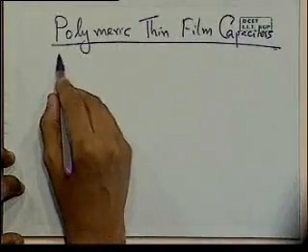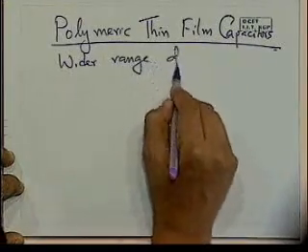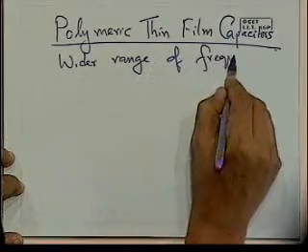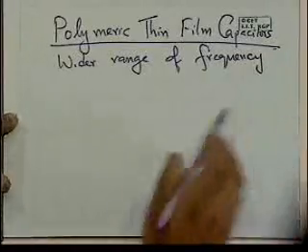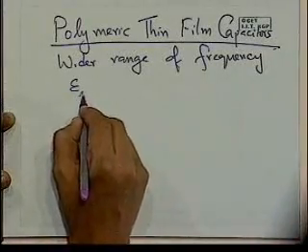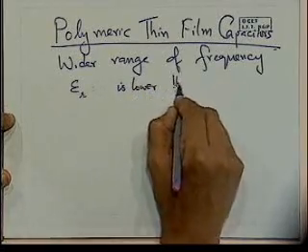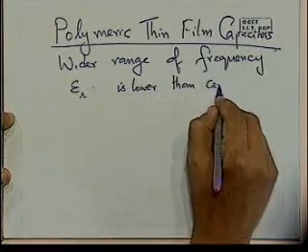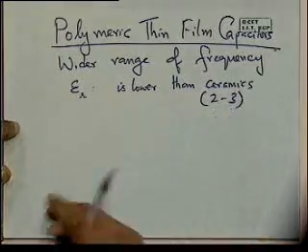Now in this case, as we saw, we can go over a wider range of frequencies, unlike the ceramic case. In this case, the whole range practically of what I want is achievable. But the dielectric constant is lower than for ceramics in general, somewhere in the range of 2 to 3.